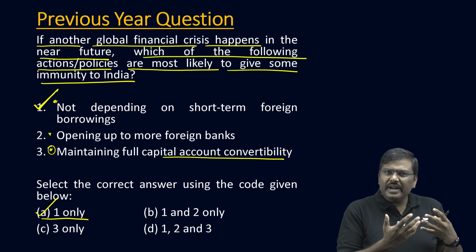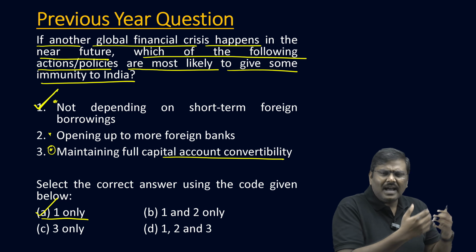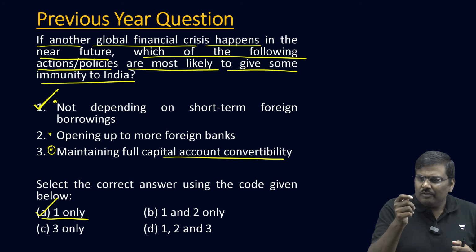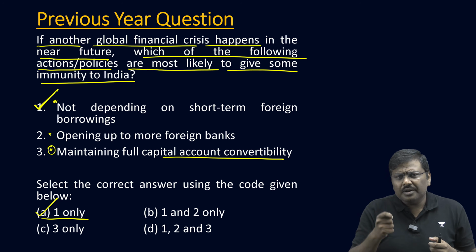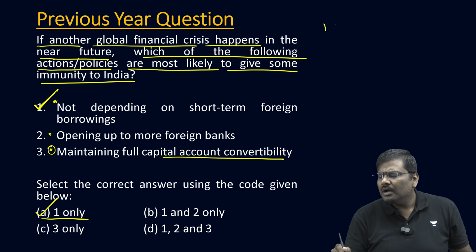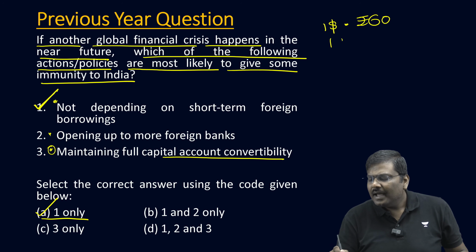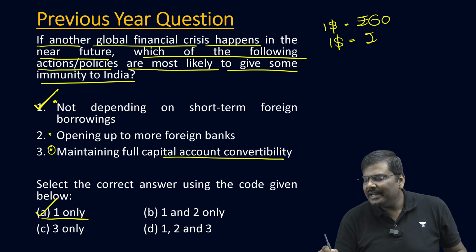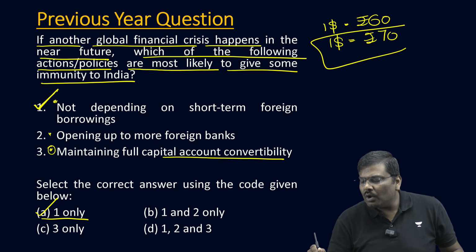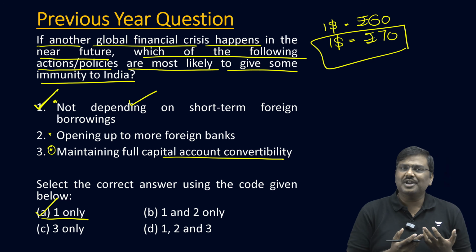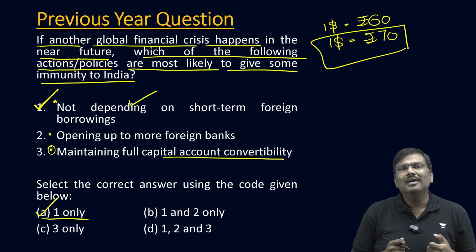That is, let's say you have borrowed a heavy amount of money, you will have to repay now. Because of this crisis, the Indian rupee will lose value against the dollar. Let's say you borrowed when the exchange rate was $1 equal to 60 rupees, and now because of the volatility, you will have to pay back at $1 equal to 70. And moreover, you have borrowed for a shorter duration, not even for a long duration.